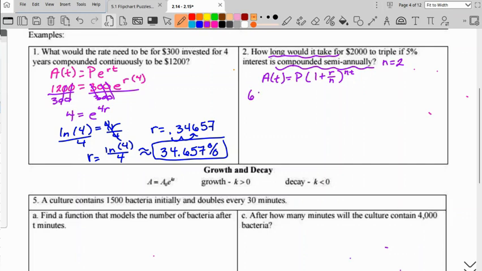You can put $6,000 over here, equals the principal, $2,000, times 1 plus our rate, 5%, which goes into my equation as 0.05 as a decimal. Remember, we have to convert it. The number of times per year it's compounded is 2, raised to 2 times time, and we're solving for time.